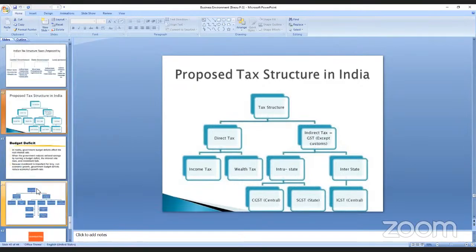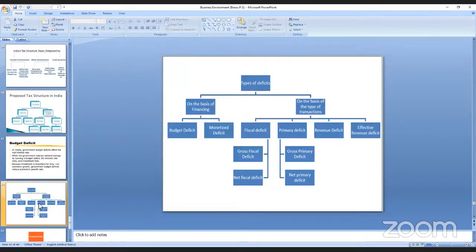Is it clear, ma'am? Yes, ma'am. This one also you take a screenshot. Types of deficit, that is on the basis of financing and on the basis of type of transaction.